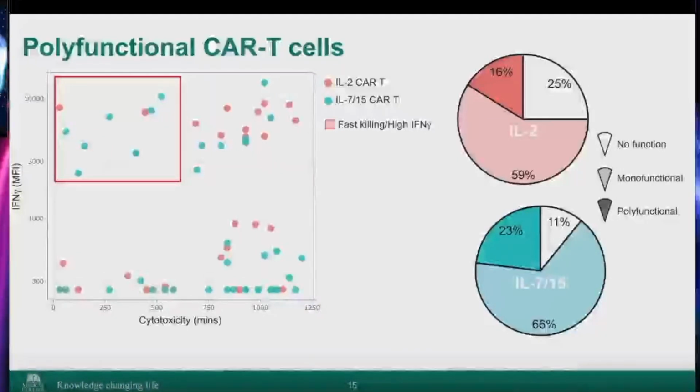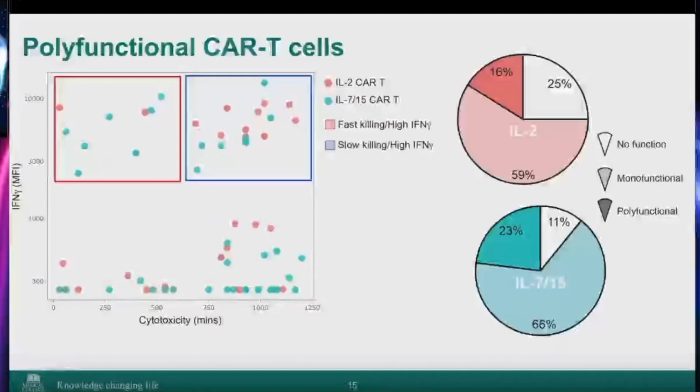But what was different was we saw that the rate of killing and also the extent of cytokine production varied depending on whether IL-2 was used during manufacturing or whether IL-7 and IL-15 was used. And so in these plots, what you can see is that, across all quadrants, there were cells that were either producing interferon gamma, in this specific case, and that were killing very quickly.